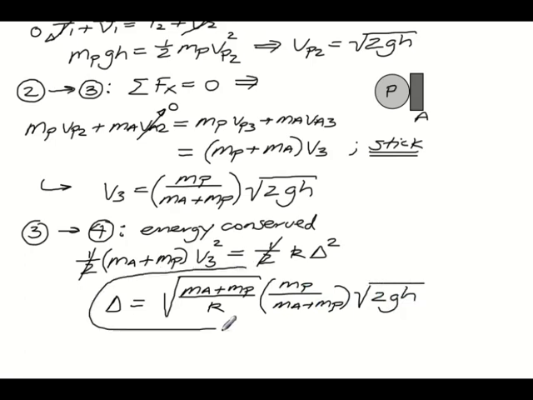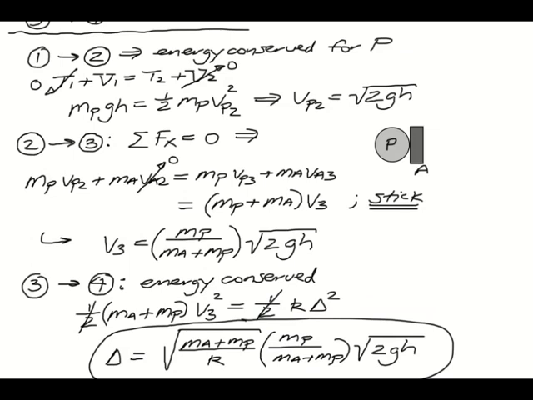So I think the key thought to have on this problem occurred right at the beginning. We want to find out, for a given potential energy at the beginning, what the potential energy is at the end. Energy is not conserved all the way through from 1 to 4. It's conserved from 1 to 2 and from 3 to 4, but between 2 and 3, it's not. So we use conservation of energy to find the speed of P right before it hits.